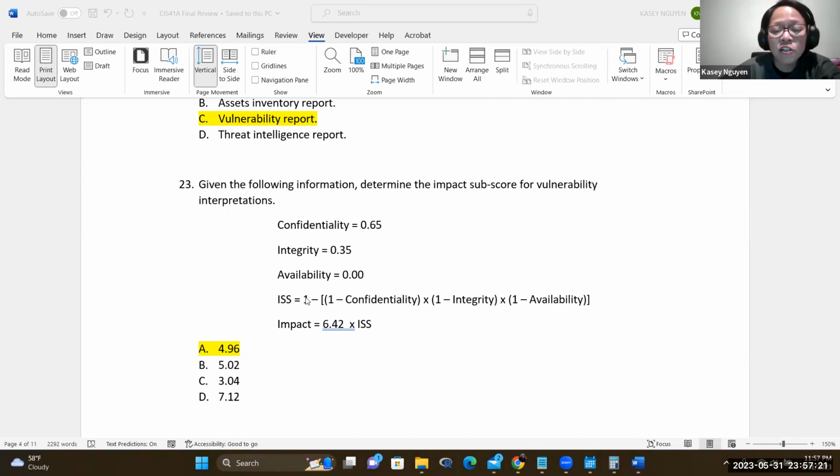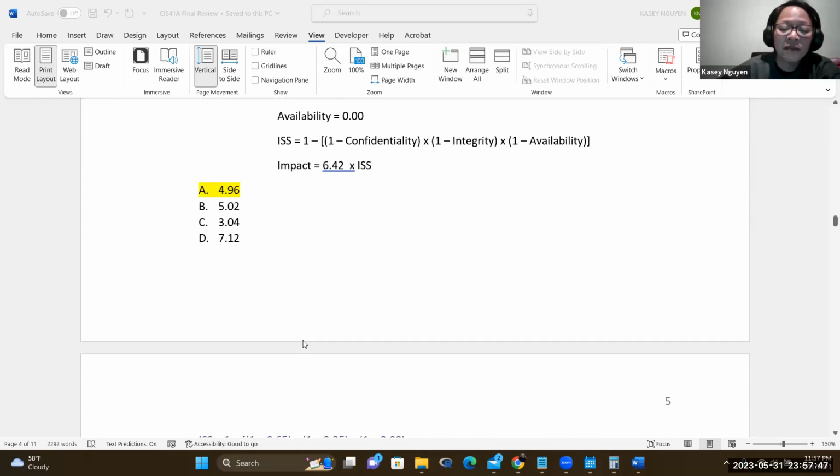Then after that, to be able to get the impact level, we would take 6.42, which is a constant, and multiply it by the output of ISS. So that would be 4.96. And in this range, we can take a look at how that would be low, medium, or high.